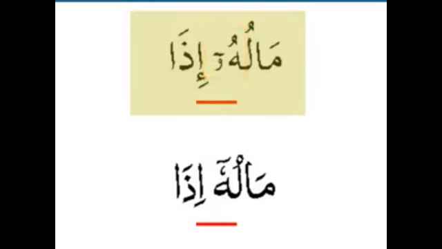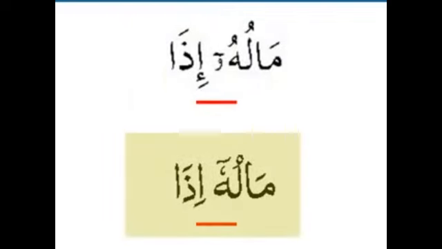However, the next word idha begins with hamza sitting under an alif, so again it will force the long vowel to go from too long to 4 long. Okay, so this would be ma luhu idha.